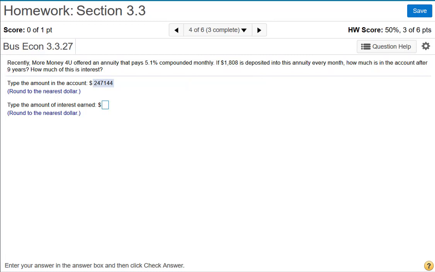Now, to find out how much is interest, we need to take the amount we deposited each time, which is 1808, and multiply that by the number of deposits. We deposited that monthly, which is 12 times a year, for 9 years.